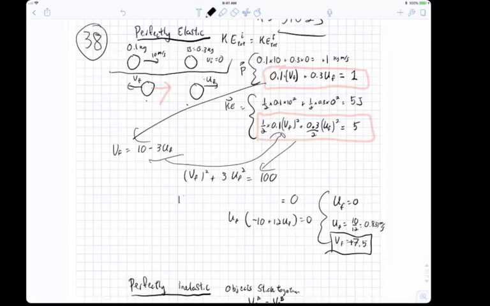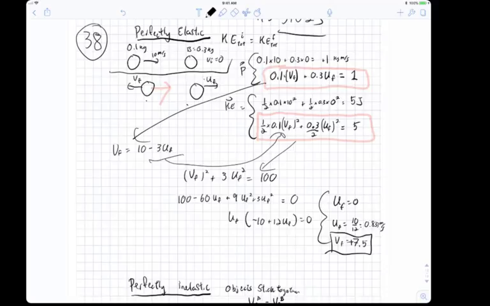So it's 100 minus 60 UF plus 9 UF squared plus 3 UF squared.